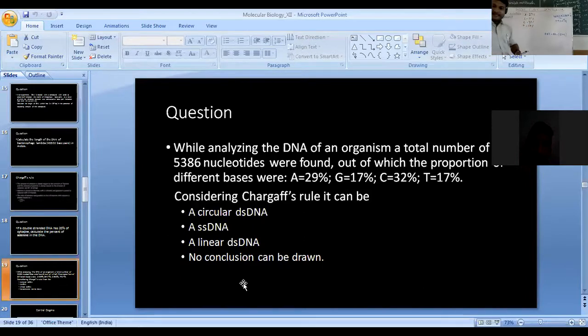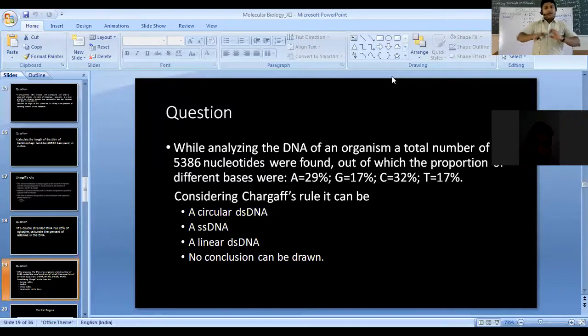Now, a very simple question. Considering Chargaff's rule that you have learned, this particular DNA that we are talking about, is it a circular double-stranded DNA? Is it a single-stranded DNA? Is it a linear double-stranded DNA?